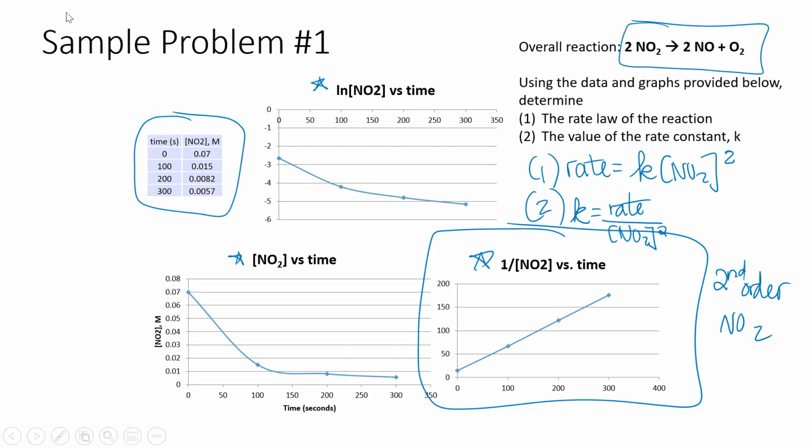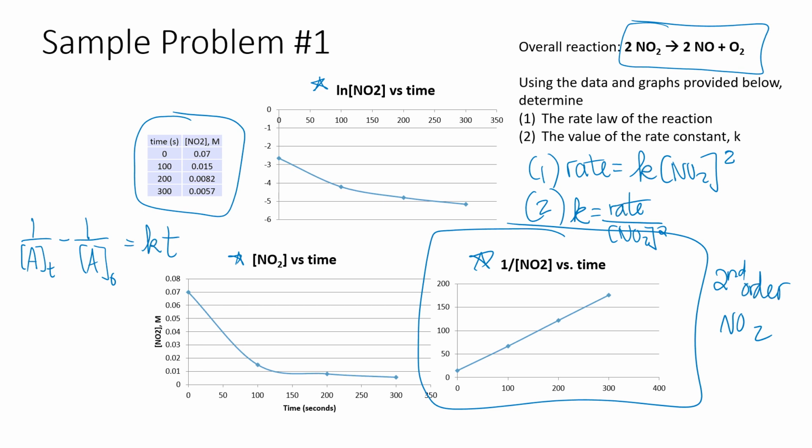The way this equation works is it's 1 over the concentration at time t, minus 1 over the concentration at time 0, equals k times t, which is time.